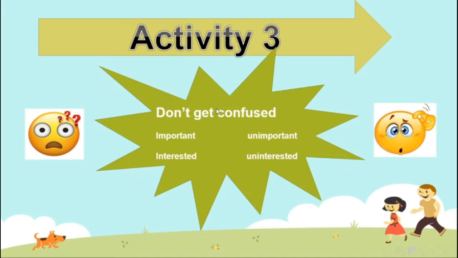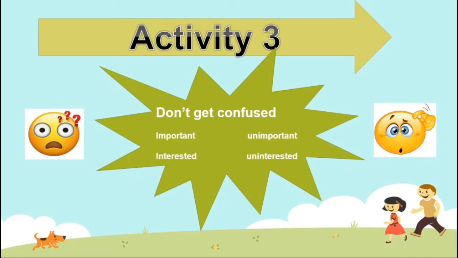Activity 3. Don't get confused. You will find a word like important. Oh, teacher, important, it started with prefix im. No, no, it's not here a prefix im. Important, the opposite of it, unimportant. Im here is not a prefix at all.